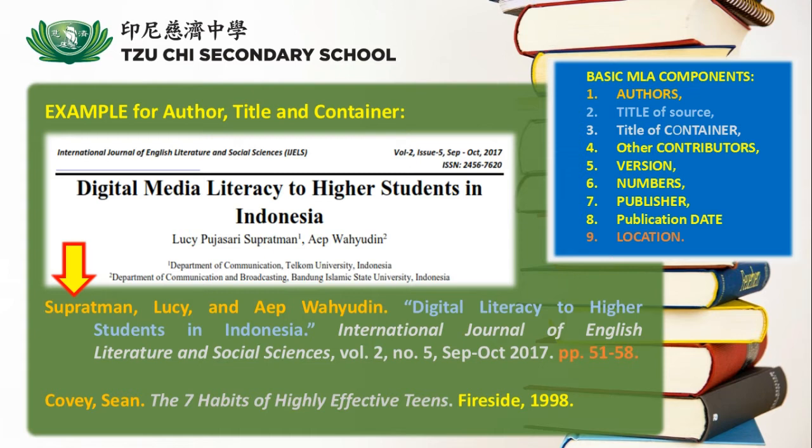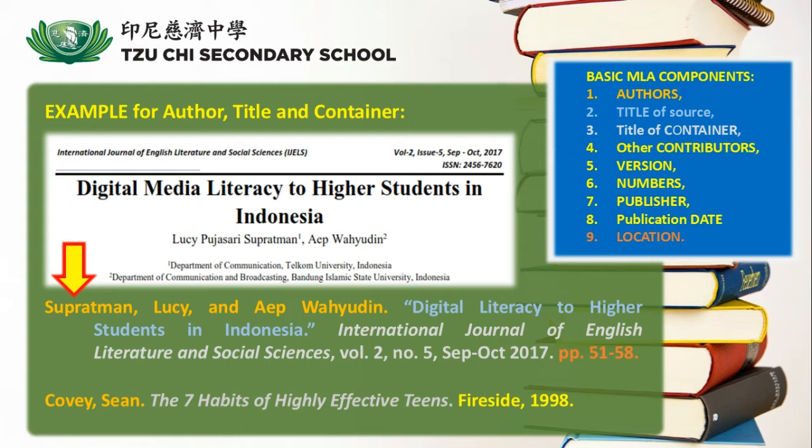And then the next one is the title of container, including the descriptor of the container, the version, numbers, and the publication date. And the last one is the location, printed in orange, or red.